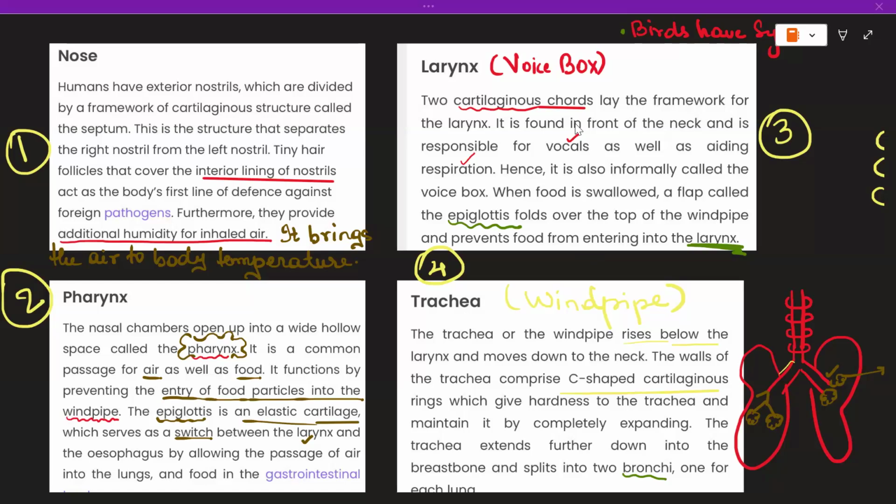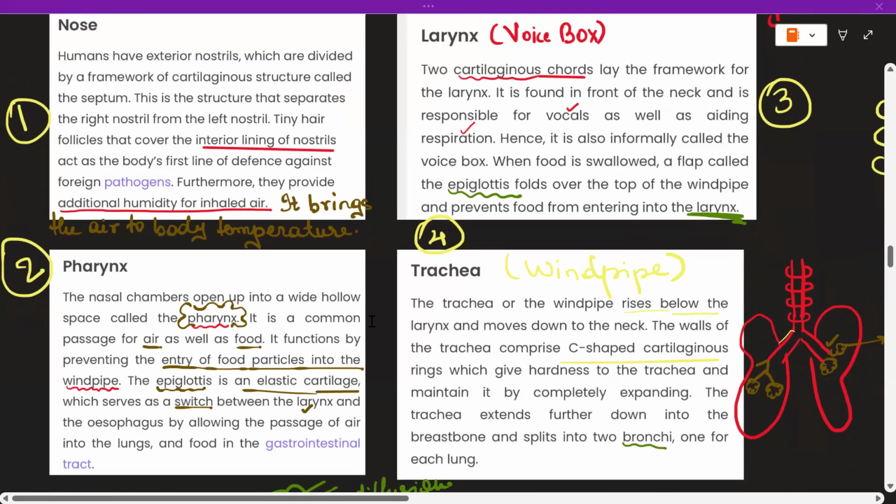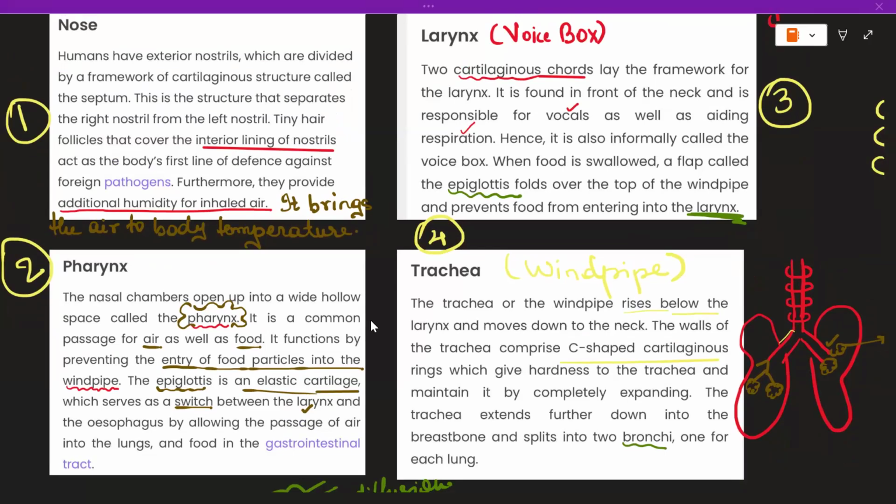See, the main thing is that whether you include it in the larynx part or the pharynx part, the epiglottis is that part which is like a flap. Basically, it will not let the food enter into the trachea. Understood? The main thing is that nothing should go inside the windpipe. Is it clear? Okay, now it's clear.